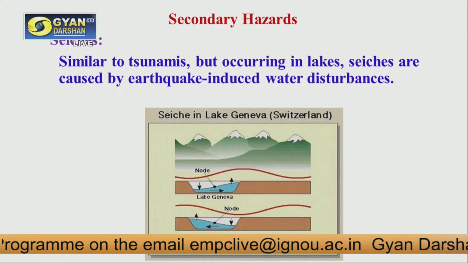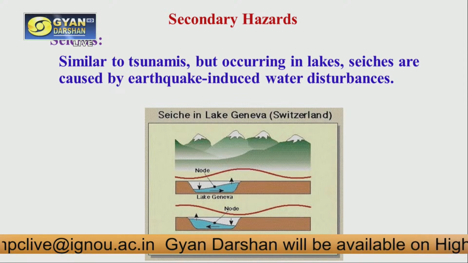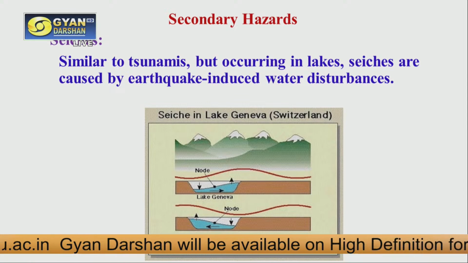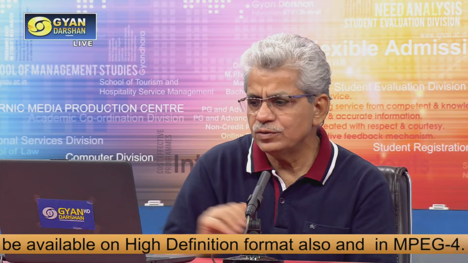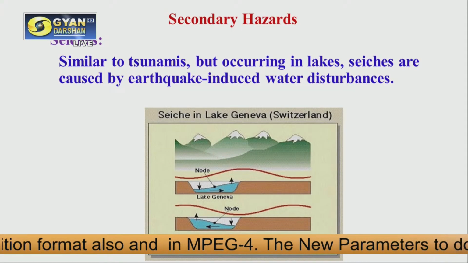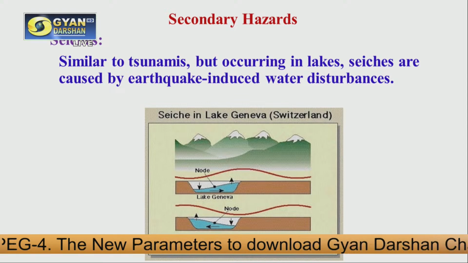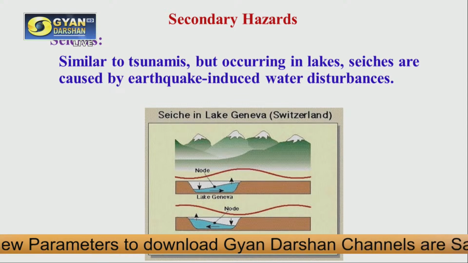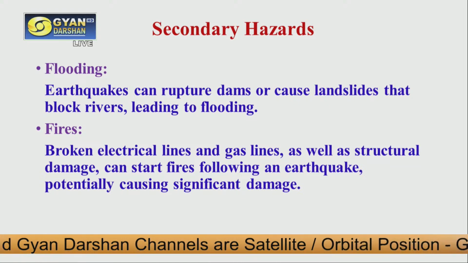Otherwise it is a similar phenomenon, the only difference is the place of occurrence. A tsunami occurs in the sea, whereas a seiche occurs in lakes. And here you see the graphics of a seiche in Lake Geneva in Switzerland. Again here water is moving at a great height and causes damage to the people or things which are there in the lake.